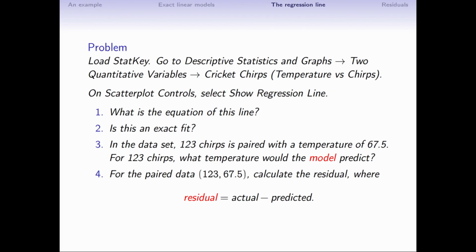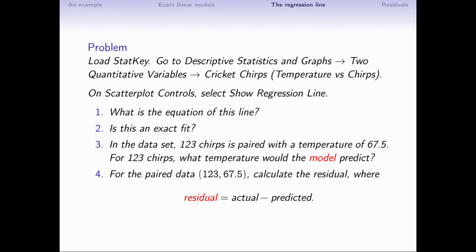And for that paired data point, 123, 67.5, let's calculate the residual. What is the residual? It's the actual temperature, the actual data point, minus the predicted. So in this case, that'll be the actual ambient temperature that was registered with this data point, that's the 67.5, minus what the model would predict.